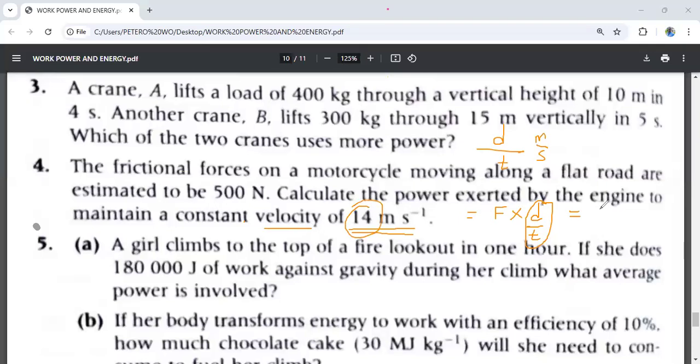So we just use the 500 and multiply it by the distance over time, which is the 14. The answer you get by multiplying that force times 14 is our answer.